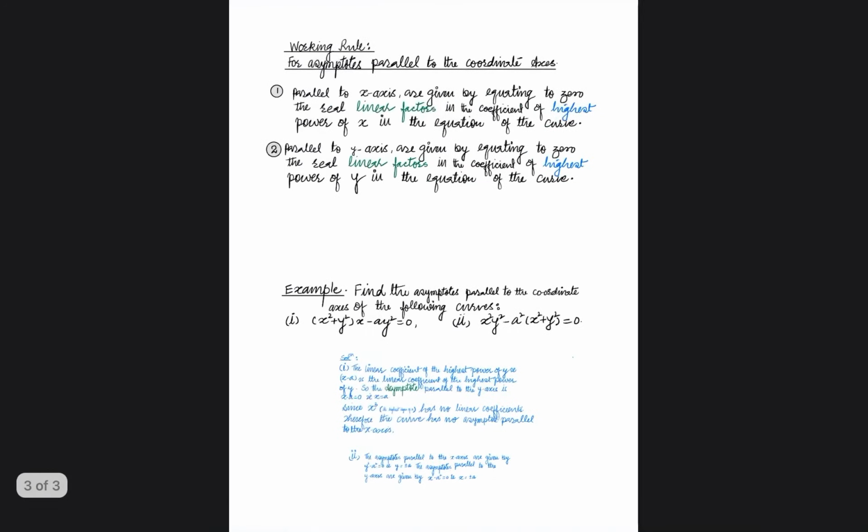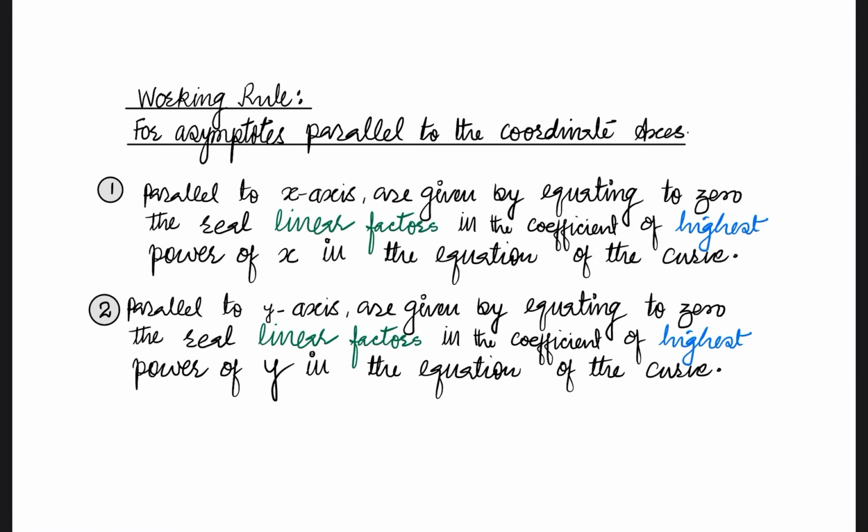Now let's move on. I wish to discuss the working rule for asymptotes parallel to the coordinate axis. Coordinate axis means we have the x-axis and y-axis. How do we calculate the asymptotes parallel to the x-axis and parallel to the y-axis?